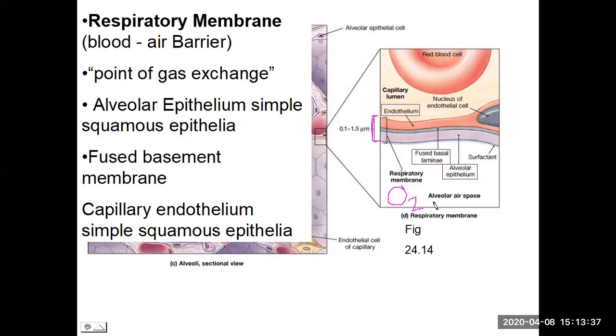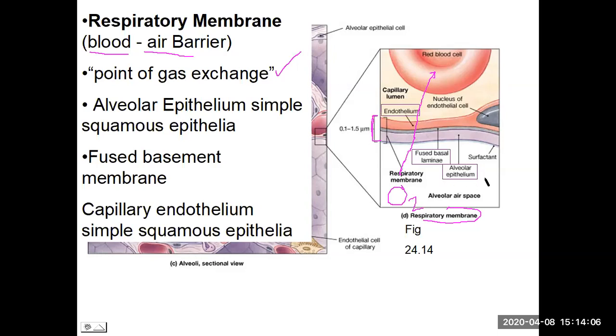The airspace of the alveoli and the gases can diffuse right in. That oxygen, of course, could load right into our erythrocytes. So seeing what's called the respiratory membrane, the barrier between the cardiovascular system and the respiratory system, the exact site of gas exchange, and the various layers that are involved.